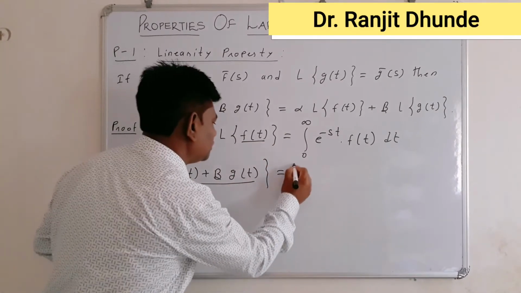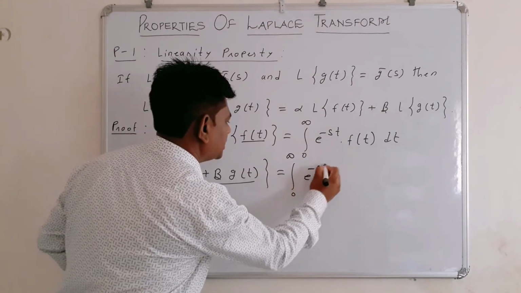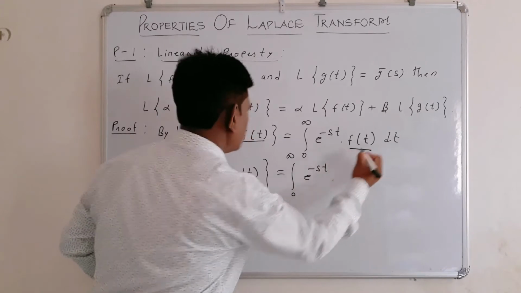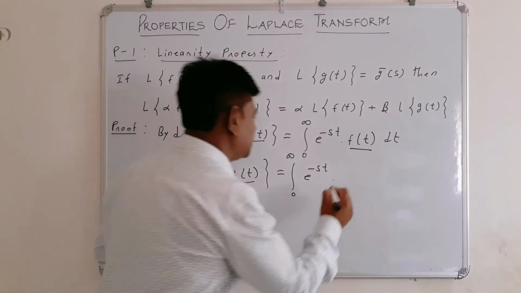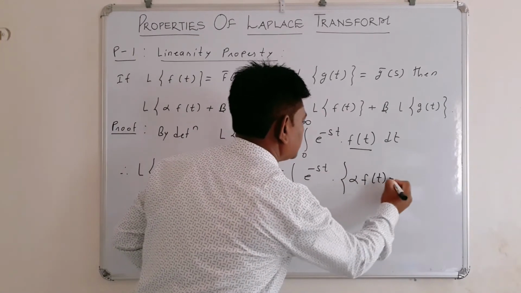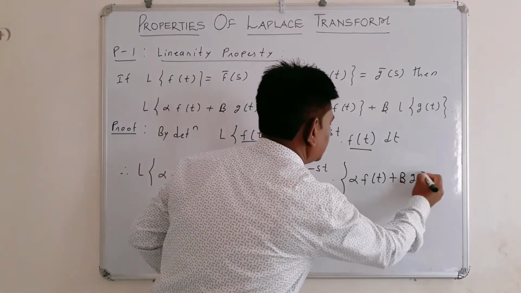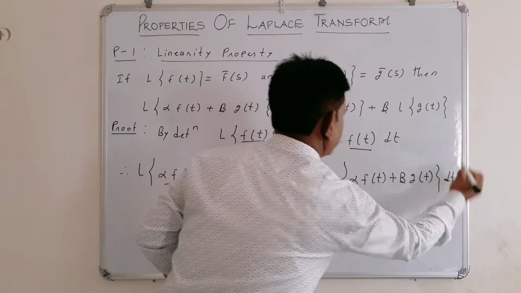So this is equal to integration 0 to infinity e to the power minus st, now this f(t) replaced by alpha times f(t) plus beta times g(t), and this dt.